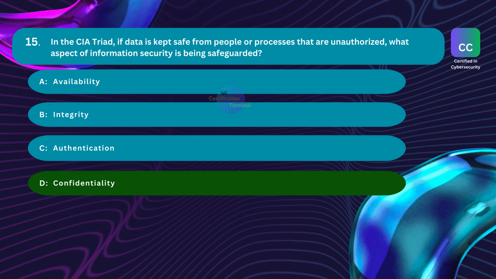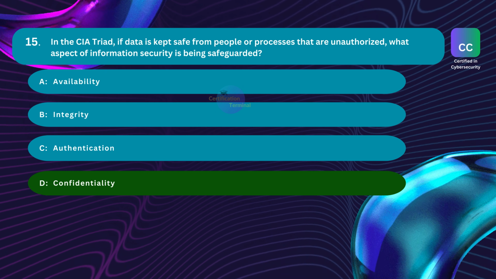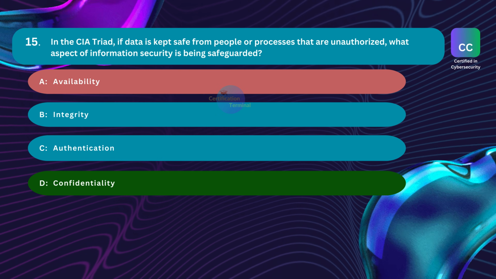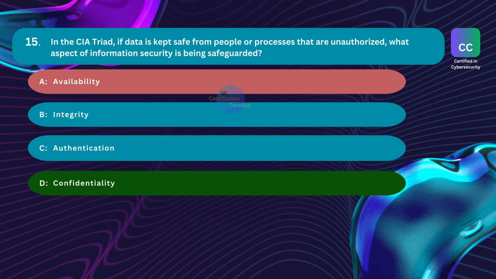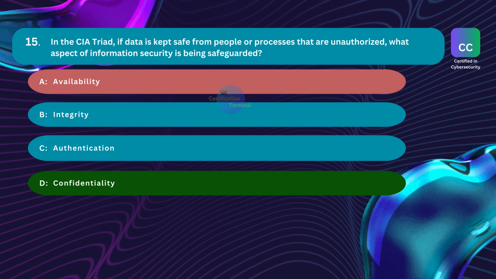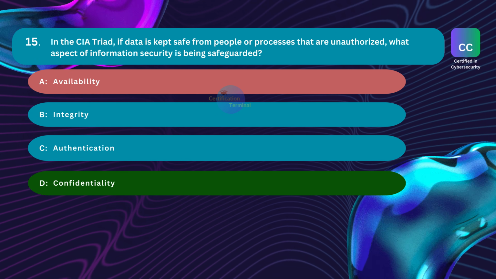In the CIA triad, if data is protected from unauthorized access, the aspect of information security being safeguarded is confidentiality. Option A is incorrect. Availability refers to ensuring data is accessible to authorized users when needed. This option is incorrect because safeguarding confidentiality doesn't directly address ensuring data availability.